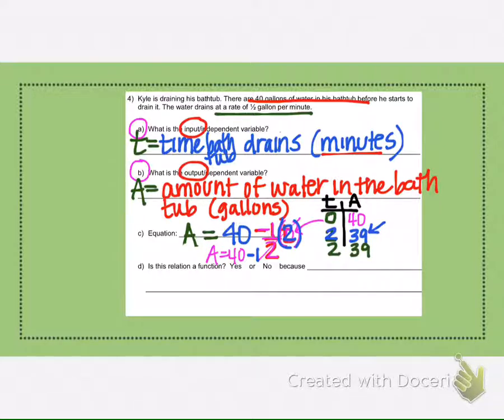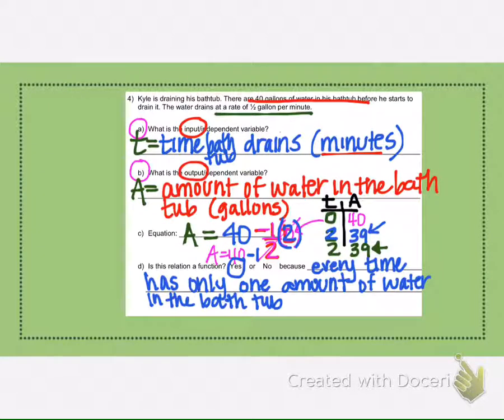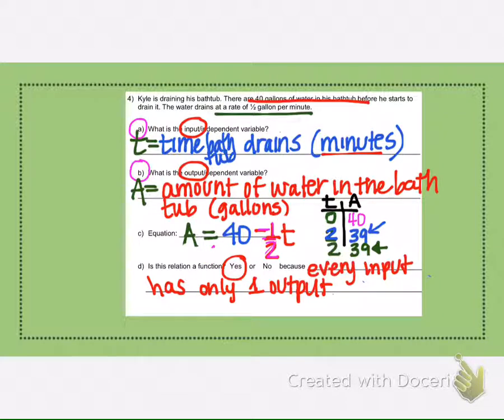I'm not going to get a different amount of water. So this would be yes, because every time has only one amount of water in the bathtub. We could also say yes, because every input has only one output.